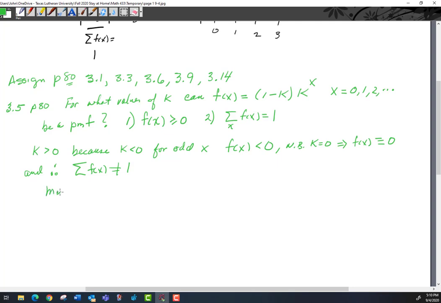Now we also must have sigma f of x being equal to 1. Let's see, I'm going to erase that little thing and just put a 1 here and say equal, and this would be x equal 0 to infinity. Now what is that?